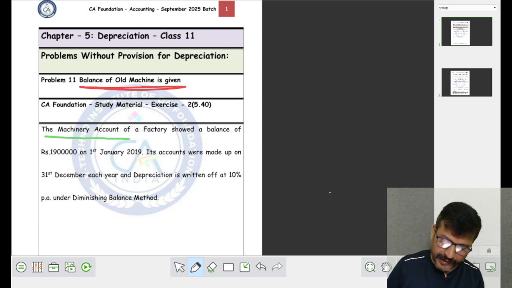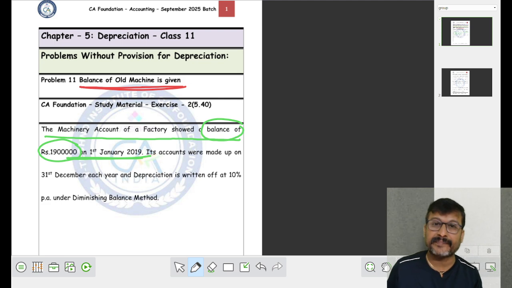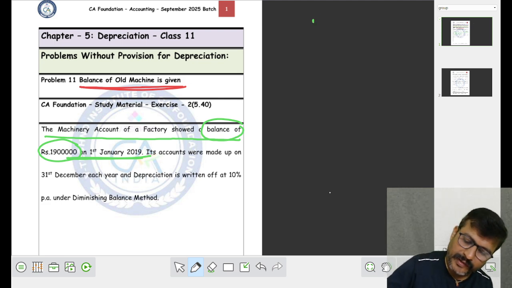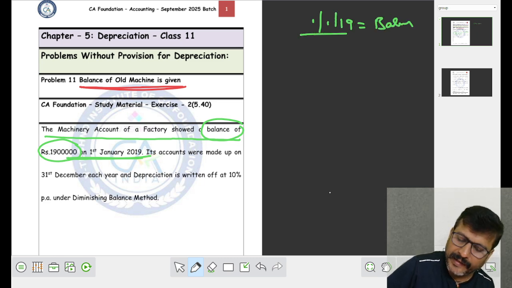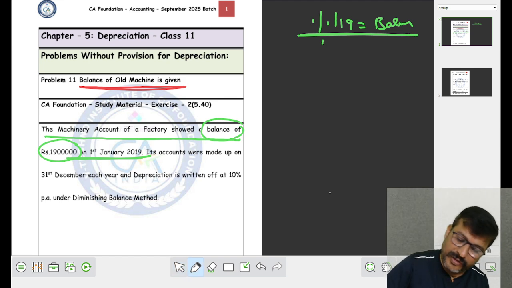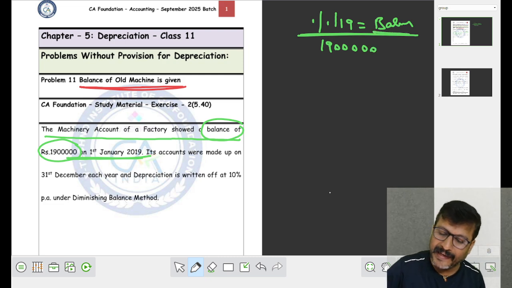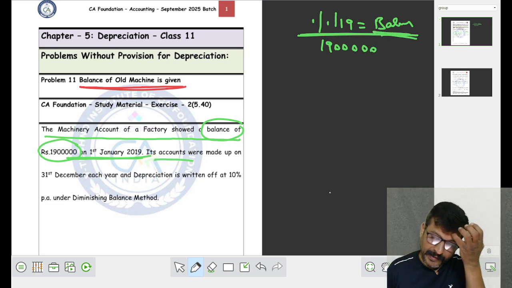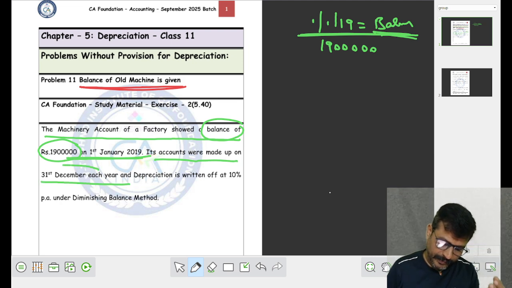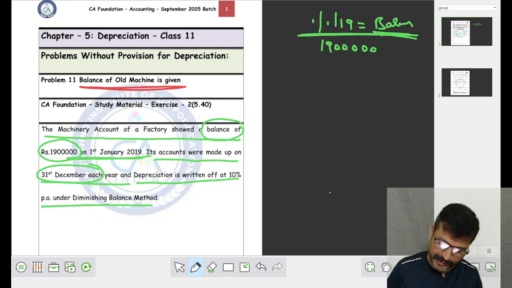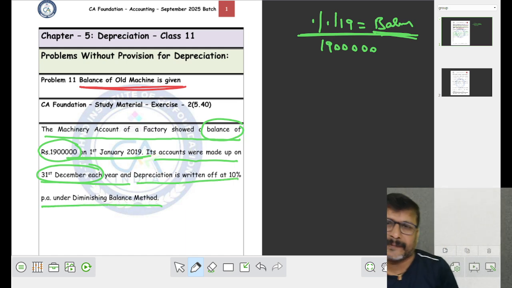The machinery account of a factory showed a balance of 19 lakh on January 19. What is it showing? A balance of 19 lakhs. Its accounts were made up on 31st December each year. See, accounts are closed on 31st December. Depreciation is 10% under a diminishing balance method, DBM.